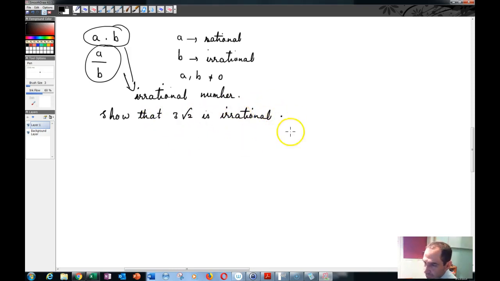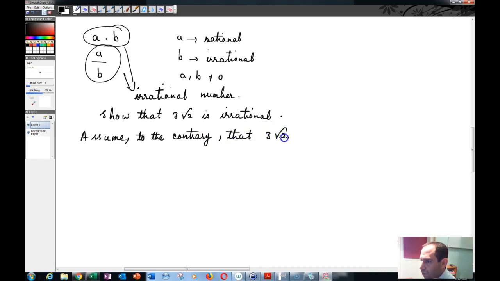So again we can use proof by contradiction. So I assume to the contrary that 3 square root of 2 is rational.